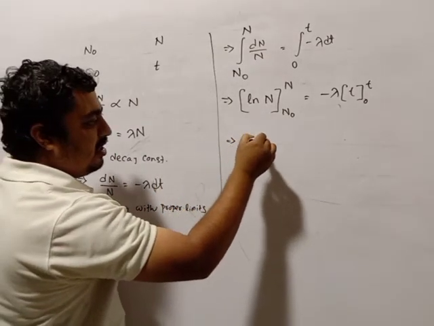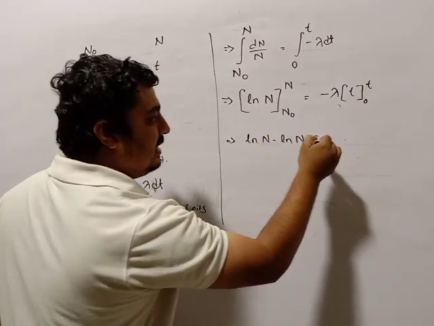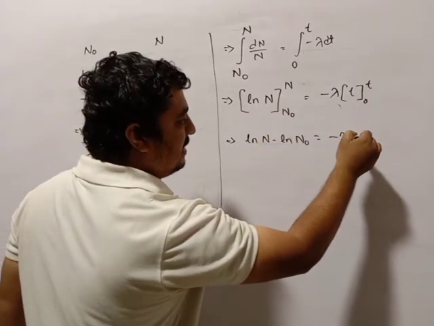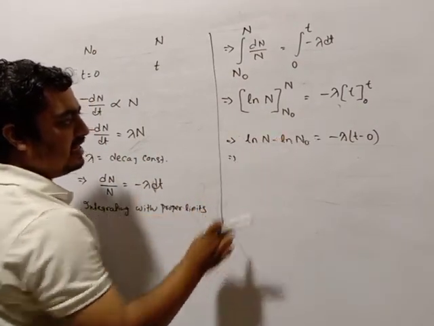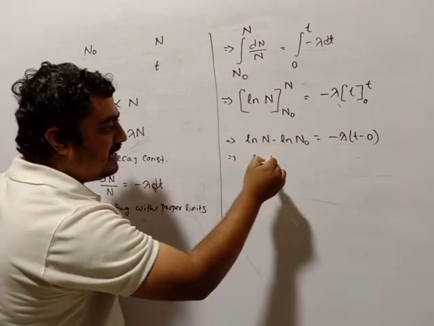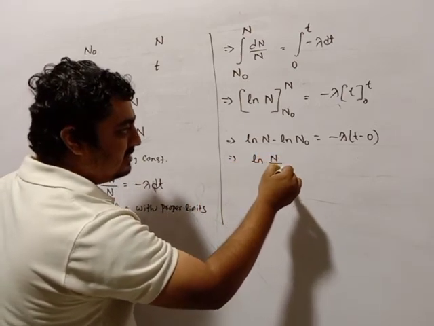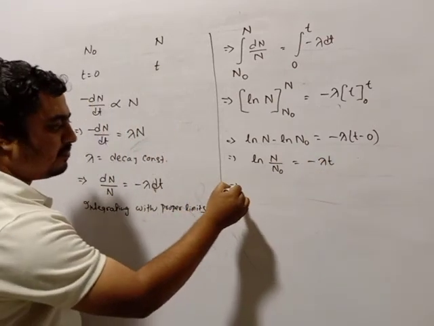That implies ln n minus ln n0 is equal to minus lambda into t minus 0. Since ln a minus ln b is equal to ln a by b, we can write ln n by n0 equal to minus lambda t.